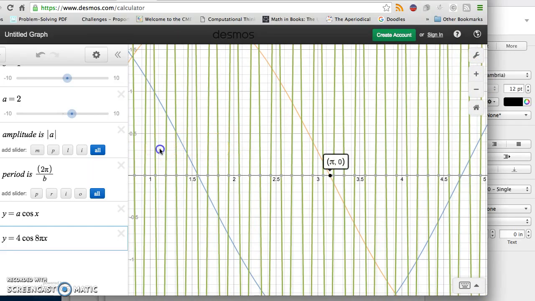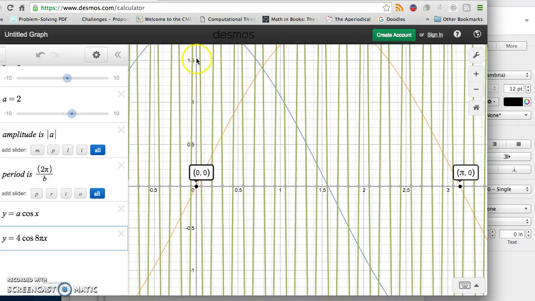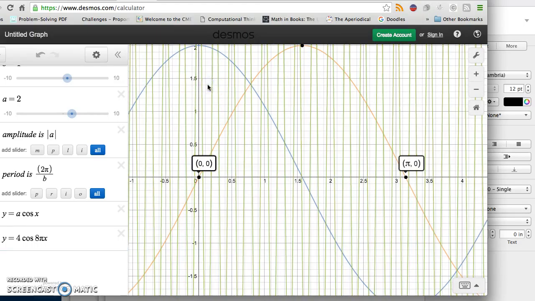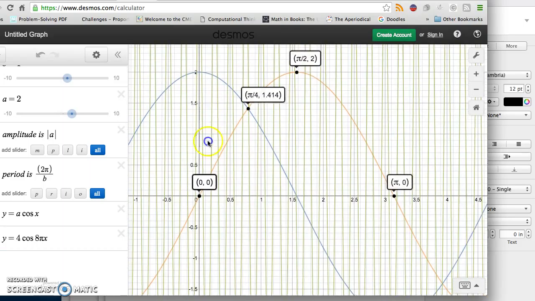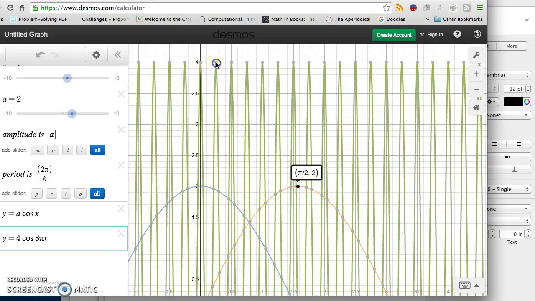I'm going to zoom in and see if I can catch it. So it looks like from way up at 4, it went straight down here and then back up here. There we go. There I can catch it, it's 0.25. So the period must be 0.25. How would I get 0.25 from y?